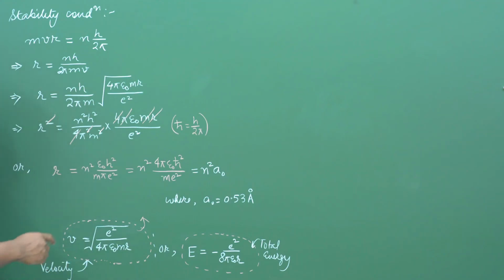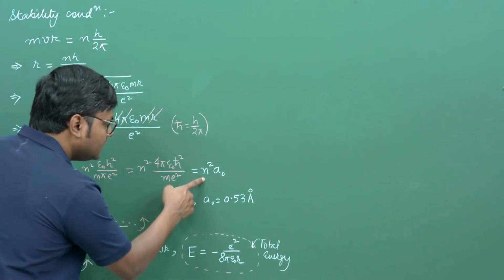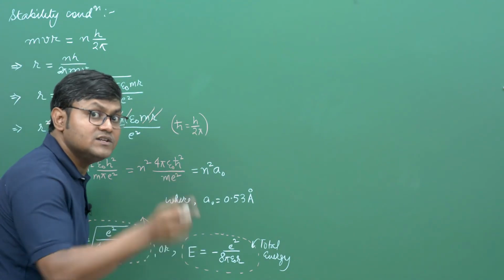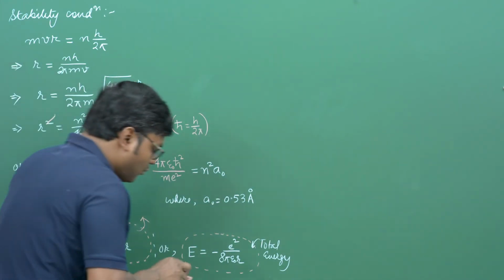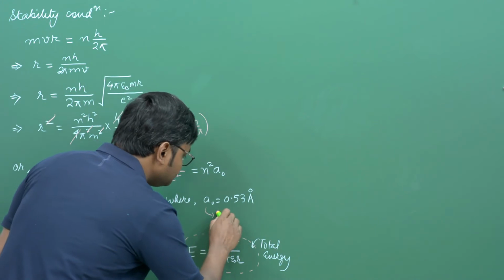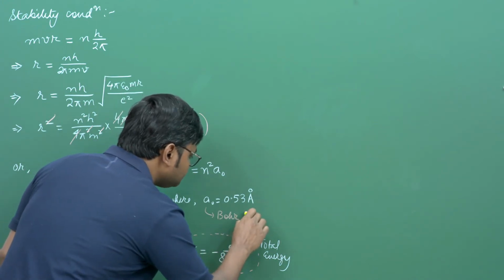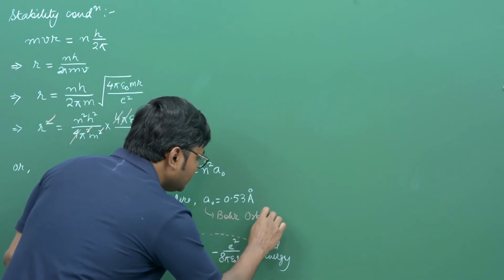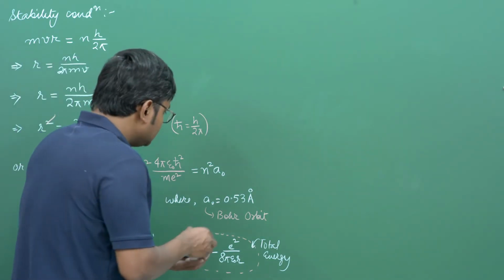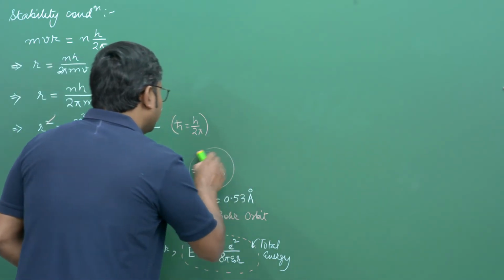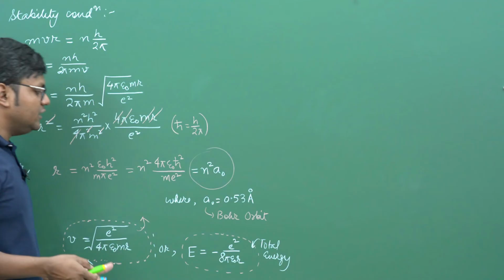You see that corresponding to n = 1, the radius of the very first orbit is 0.53 angstrom, which is known as the Bohr orbit, the orbit corresponding to the ground state of the hydrogen atom. So the Bohr model successfully predicted the ground state orbit of the hydrogen atom.